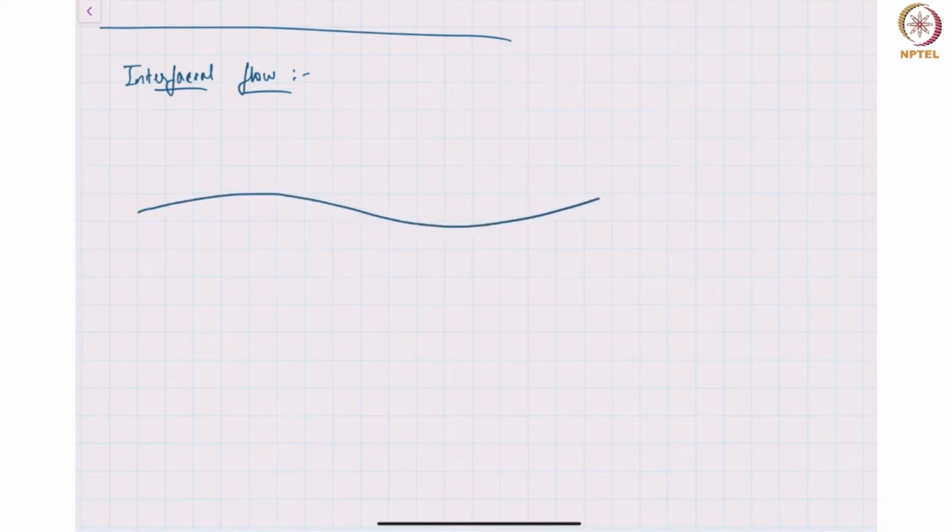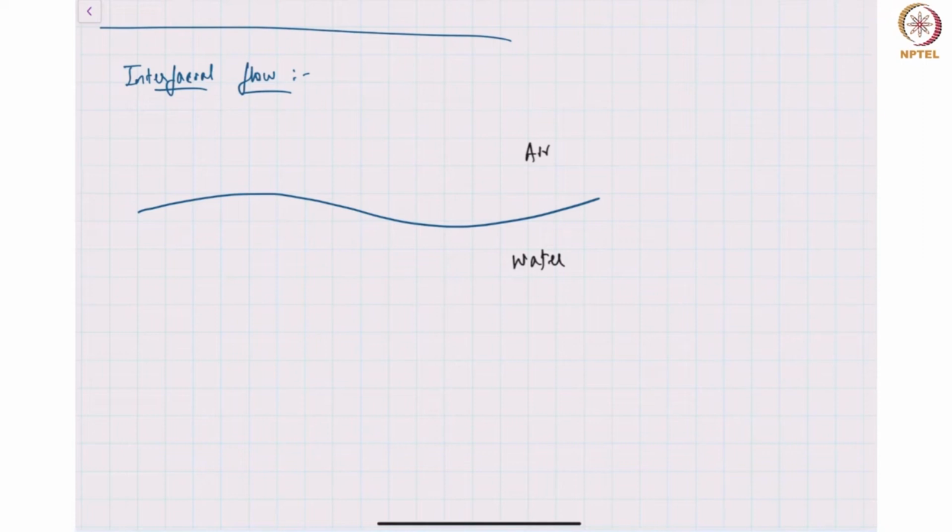So this is an interface. On one side you have, let's say, water. On the other side you have air. Now there's nothing special about air and water. It could be any two immiscible fluids, and there is a surface which separates the two.